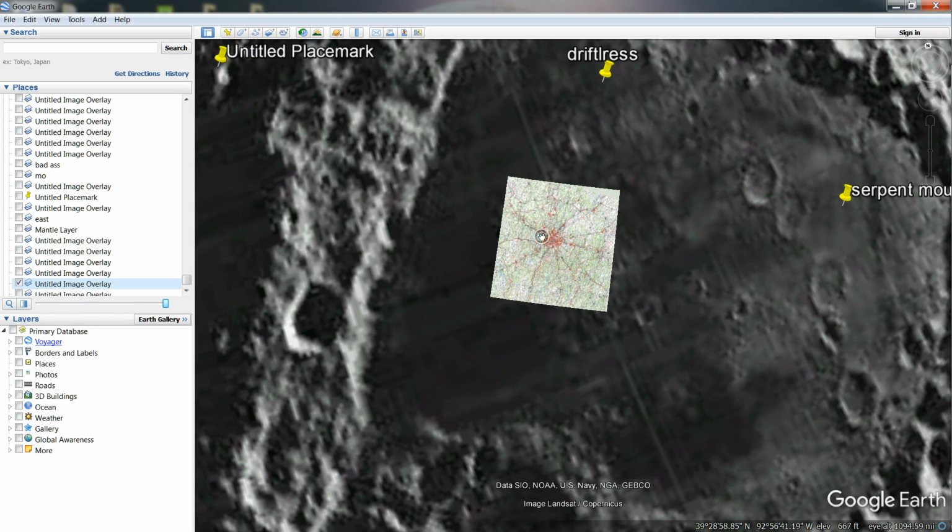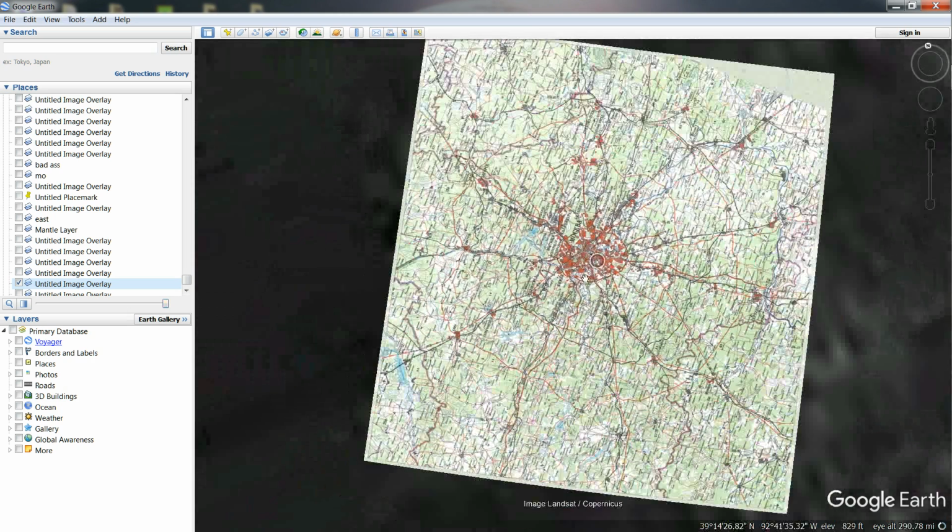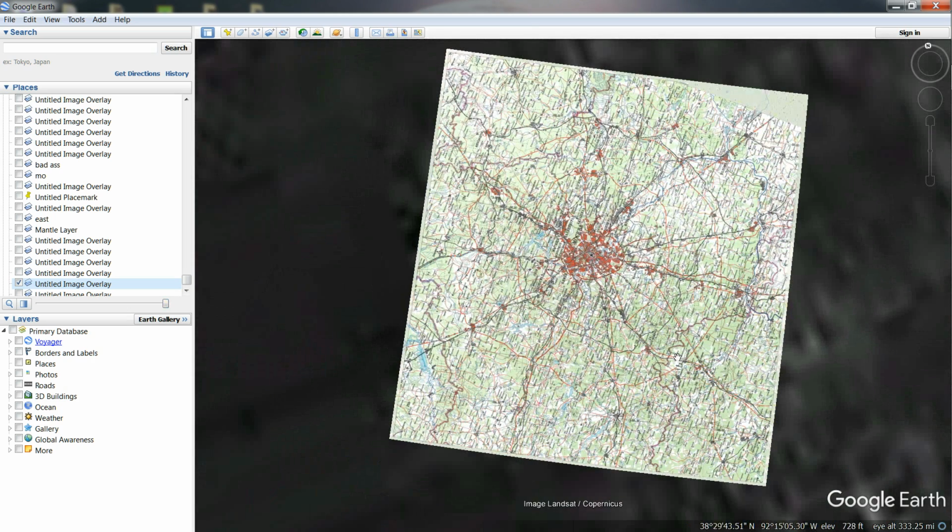But I looked at this picture closer, and you can see it's like a spider web. It's kind of weird, but they usually do this when they're following the geology. When they build these roads or whatever, they're following the geology, so there's probably a round crater or some kind of geologic edge around this area.